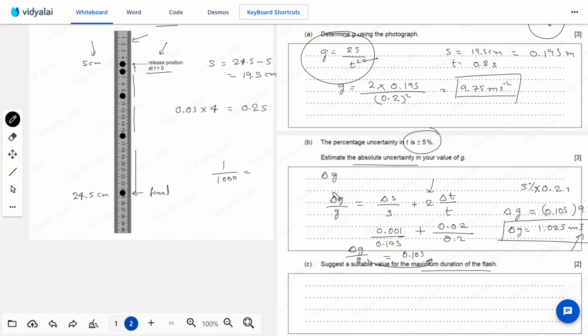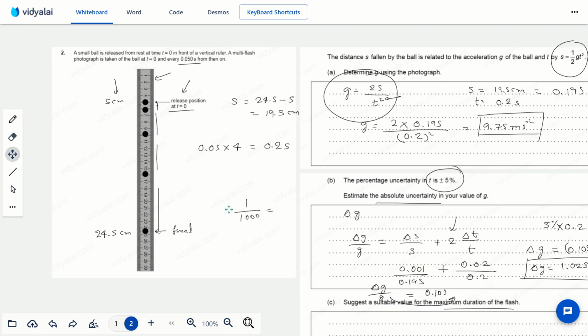But we already know that the uncertainty in its position measurement is 1/1000th of a meter, because the meter ruler is accurate to 1 millimeter.